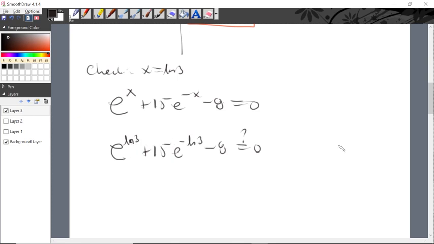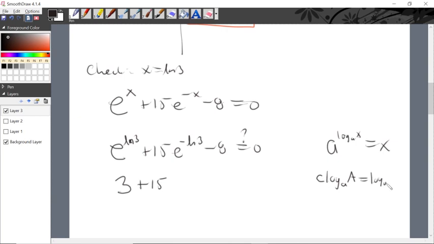e to the natural log of 3, recall that a to the power of log base a of x, that is, if the exponential and the log have the same base, they cancel each other out. So e to the natural log of 3 is just 3. e to the negative natural log of 3, okay, well first take a look at the exponent and recall that if we have c times a log, by the power law of logarithms we can move that factor to the exponent.